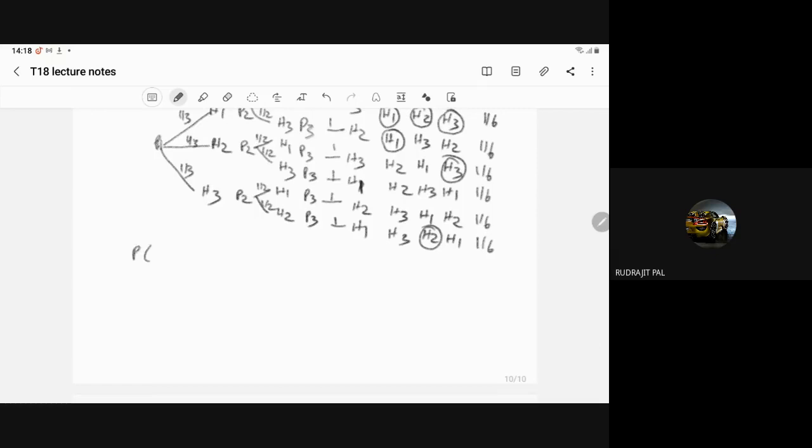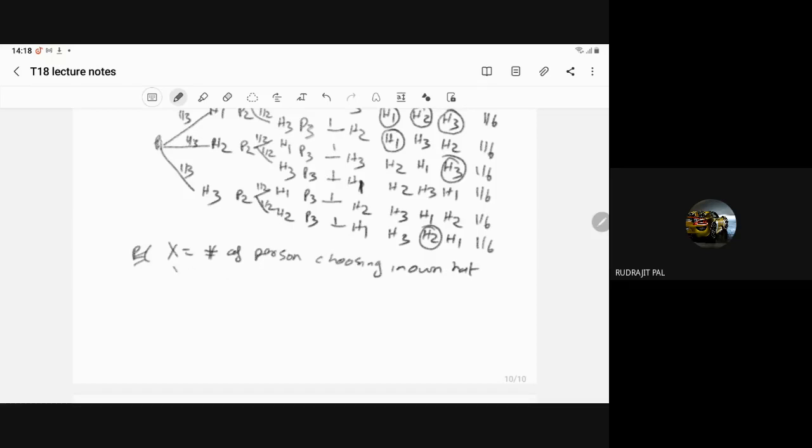So in the question it is mandatory to write the correct random variable. So here, assume first, let X be the number of persons choosing their own hat.